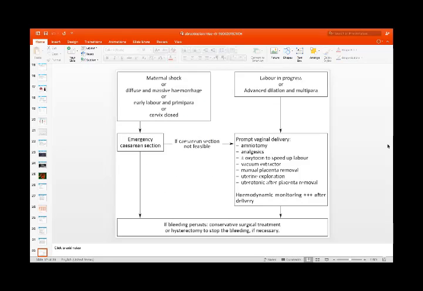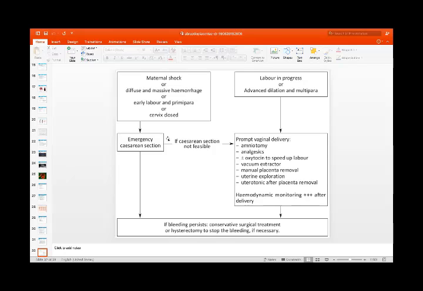This is a flowchart for the management plan in APH placental. If the patient is in shock, massive hemorrhage, and patient in early labor or is a primigravida, or the cervix is closed, then we will deliver immediately by emergency cesarean section.